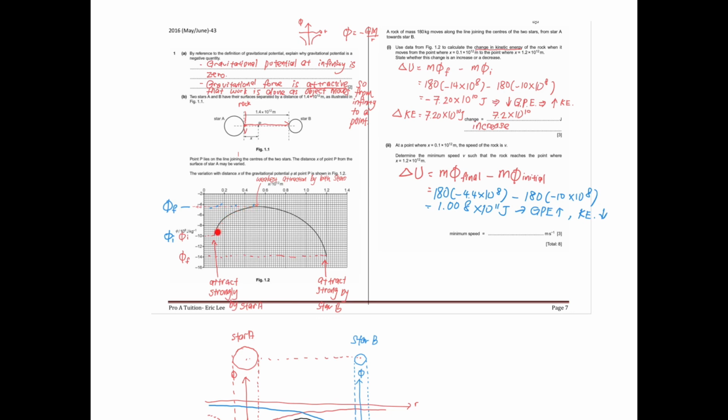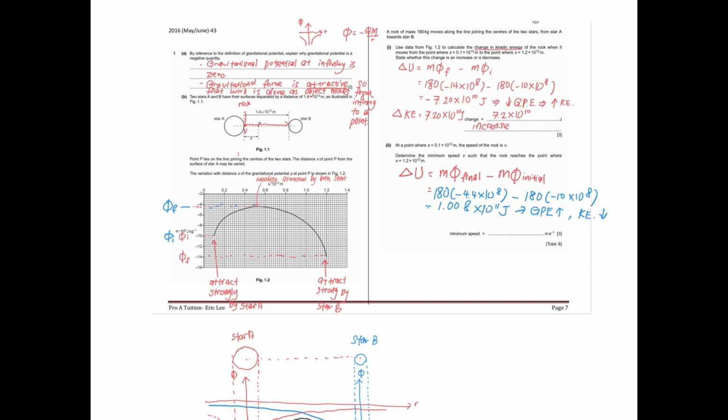Likewise the rock initially very fast. It needs a particular speed which is fast enough to overcome the attraction of star A. After that, it will decrease in speed, because of the attractive force which keeps acting on the rock in the opposite direction of the motion.